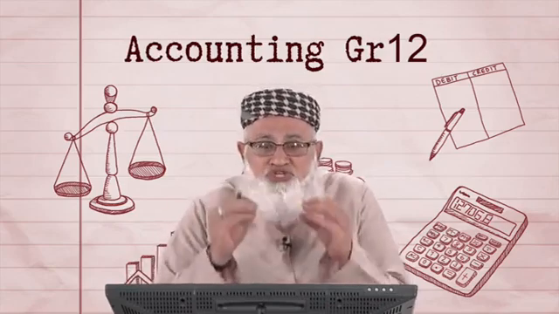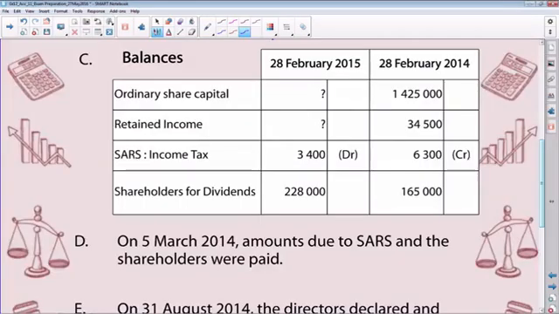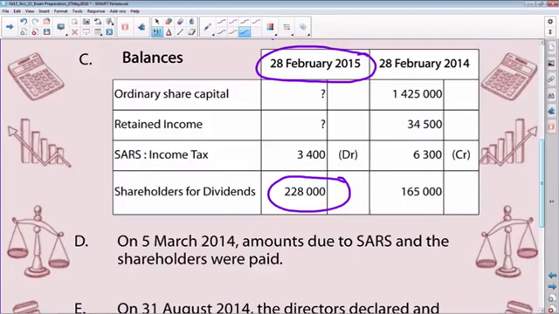What information am I given? Look at this. Shareholders for dividends, at the end of the year, there's an amount of 228,000. Meaning what? What entry did we process to arrive at shareholders for dividends at the end of the year of 228,000?